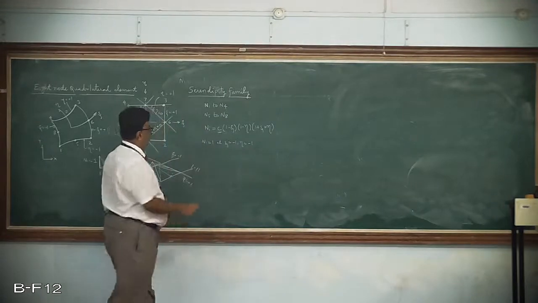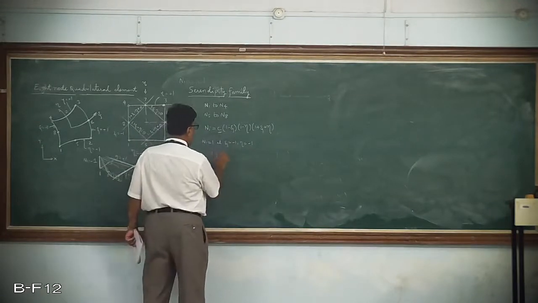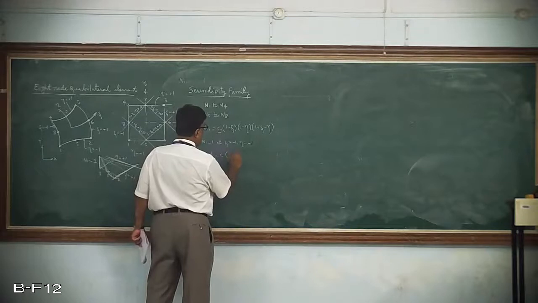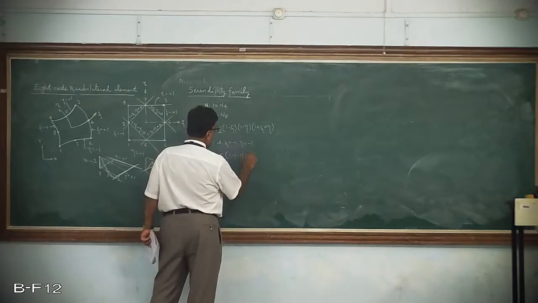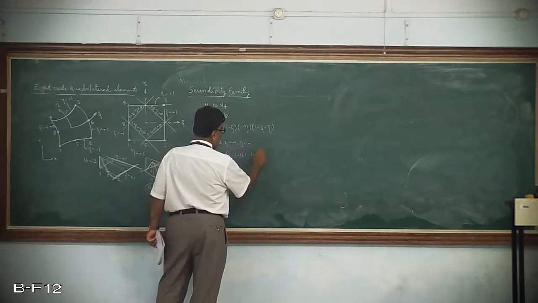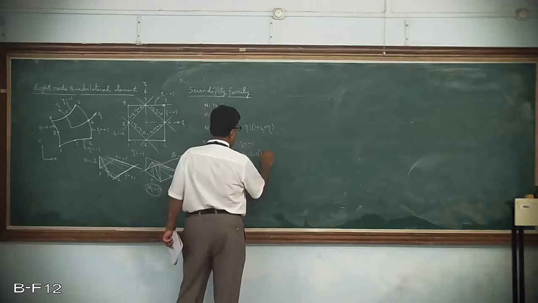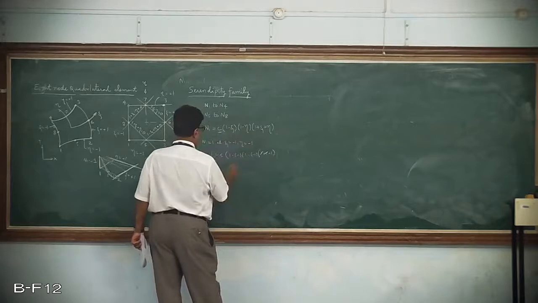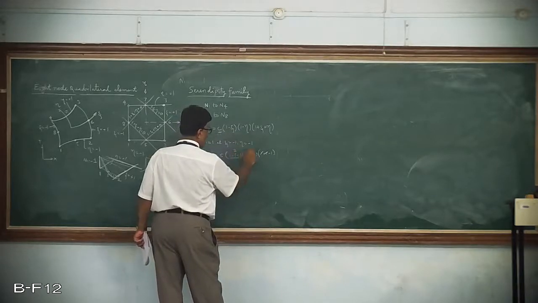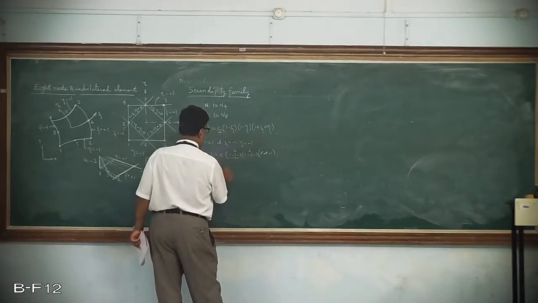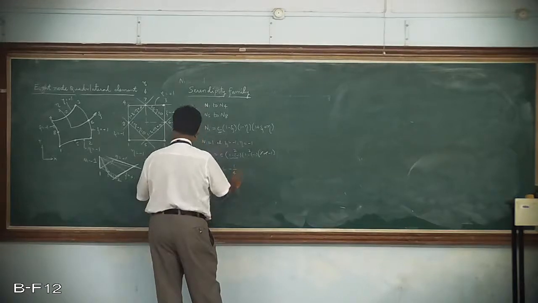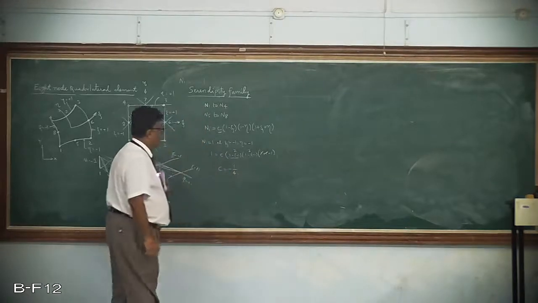Correct? So naturally, 1 equal to C, 1 minus of minus 1, 1 minus minus 1, into bracket 1 minus 1 minus 1. If I write this, this will become 0, this will become 2, 2, okay, 4. So C will become minus 1 by 4.